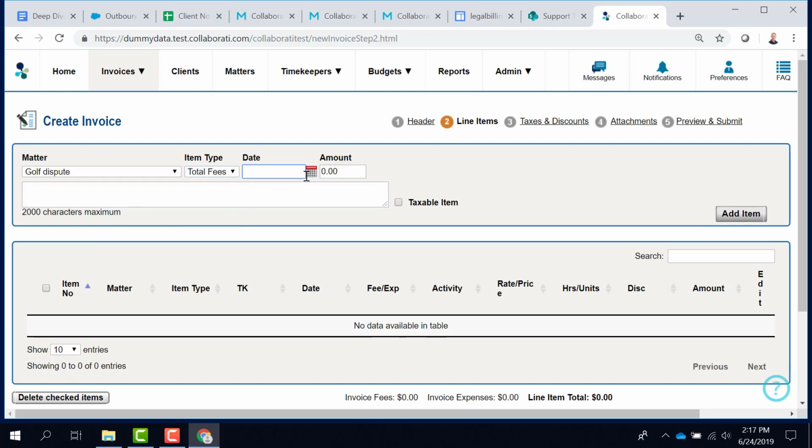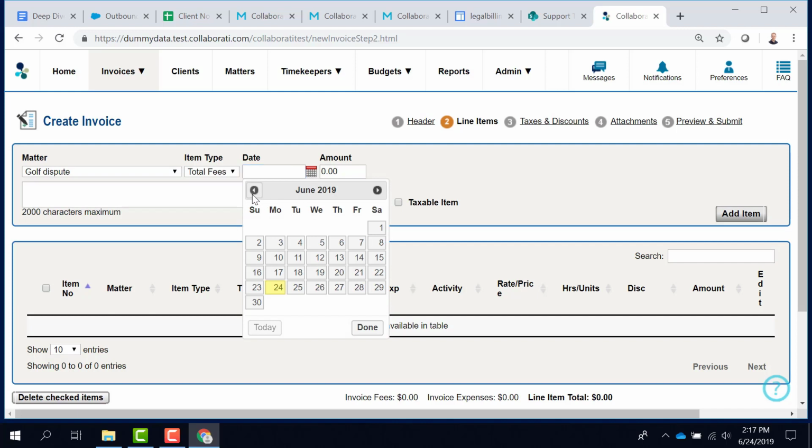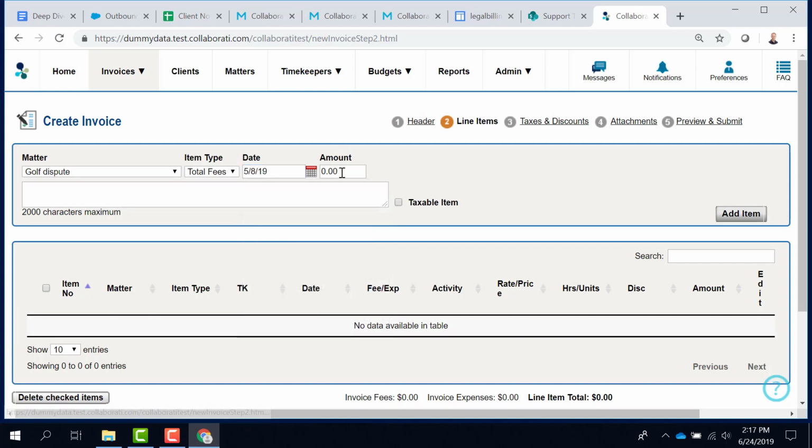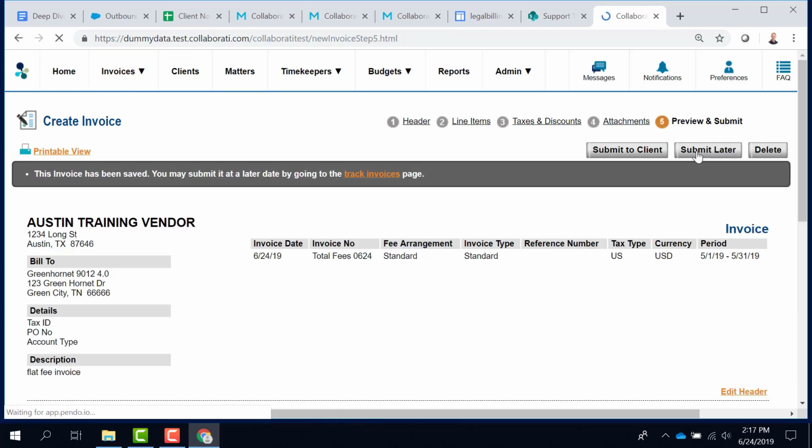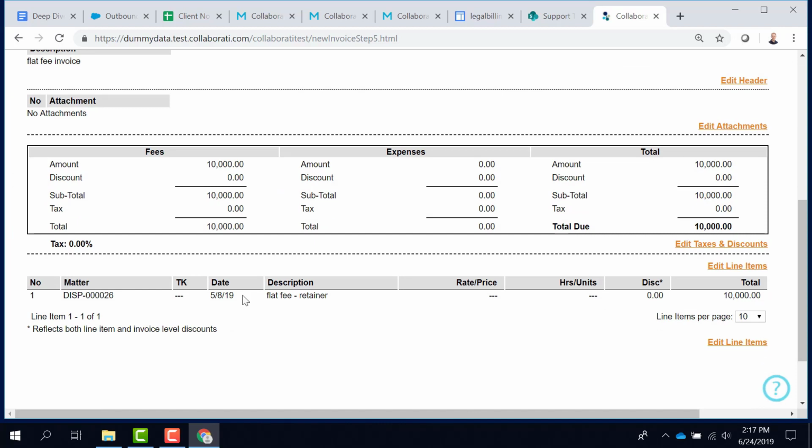You can enter the date. Hopefully your date is within the invoice period. And then you can put in your flat fee amount. And then it will appear like this. So there it is.